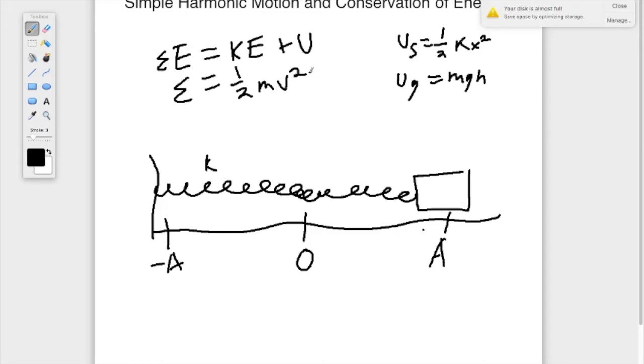Thus, in this case, the total energy is 1/2 mv squared plus 1/2 kx squared. And this applies for any point from negative A to A, with A meaning the amplitude, which is the maximum displacement it can go before the restoring force pushes it in the opposite direction.